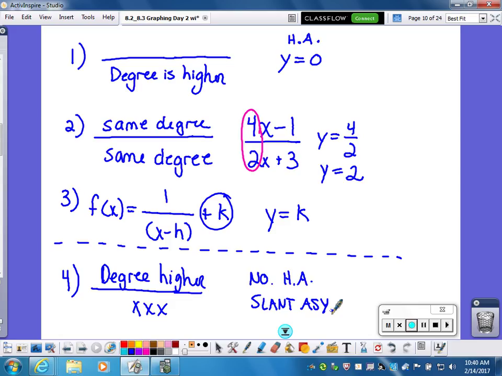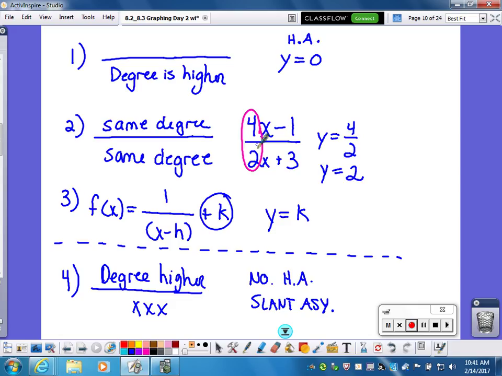So here are the 4 situations we could have. You get your horizontal asymptote a little different. For situation number 1, if the degree is higher in the bottom, it will always be y equals 0. For situation number 2, when the degree is the same, we are going to be comparing the coefficients.